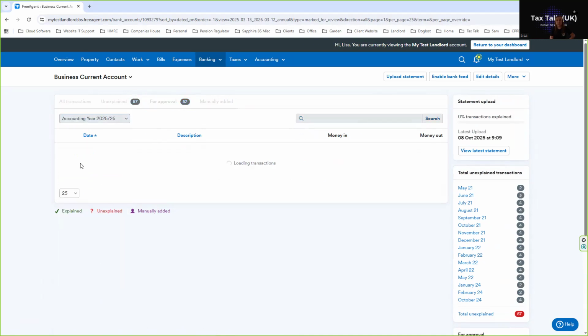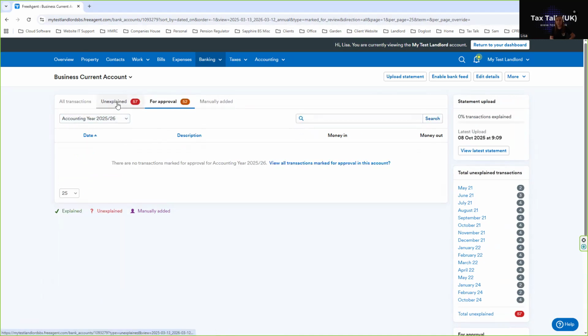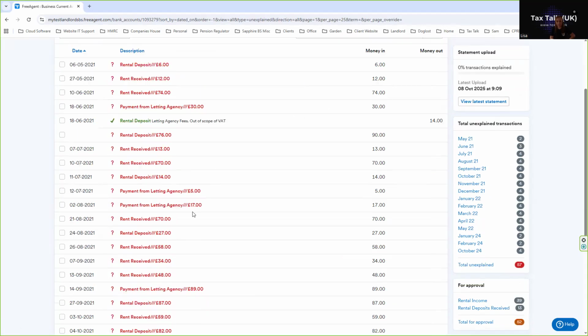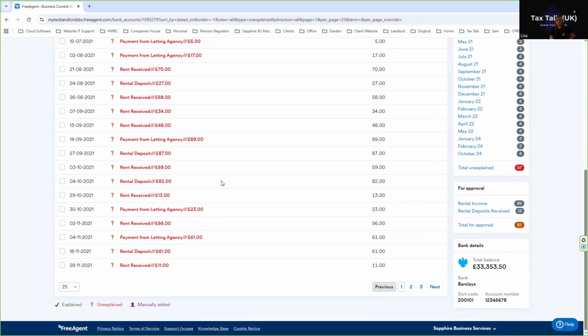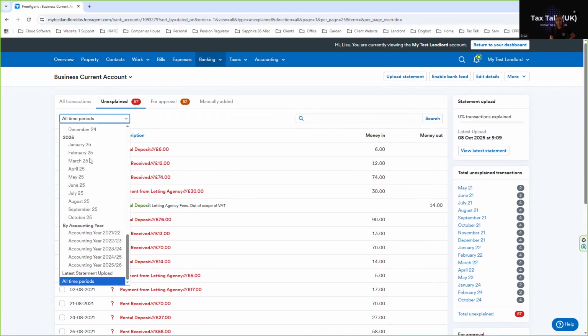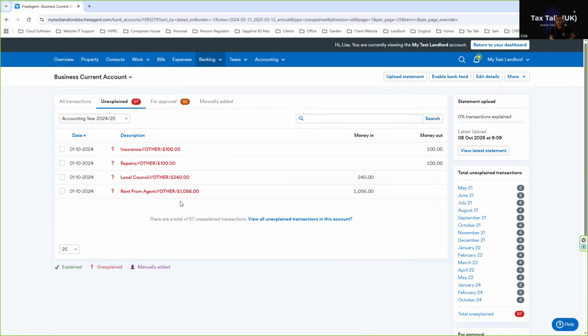So I'm going to go into the current year, and we have here unexplained transactions. Here we go. So there's various things that we will need to allocate. The important thing to remember is what we're trying to achieve here.